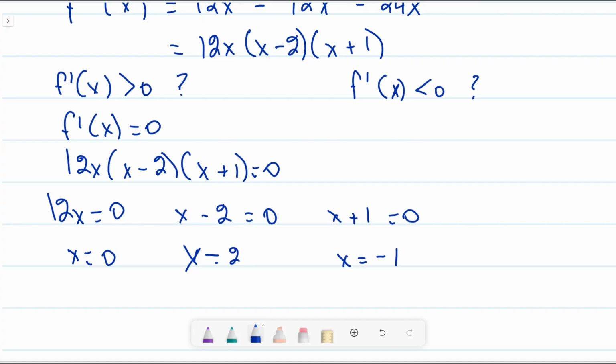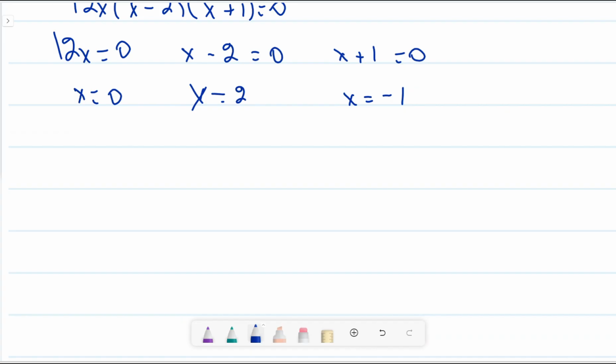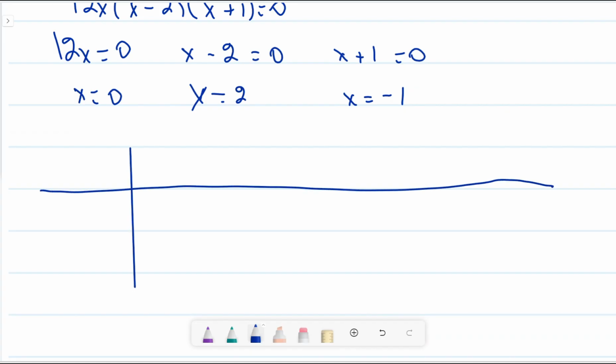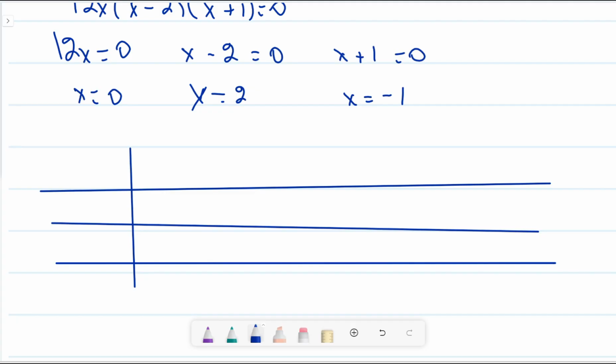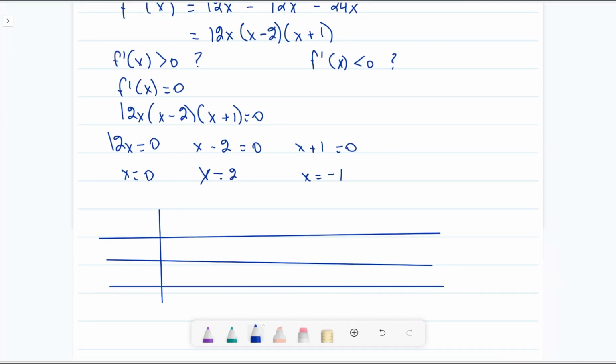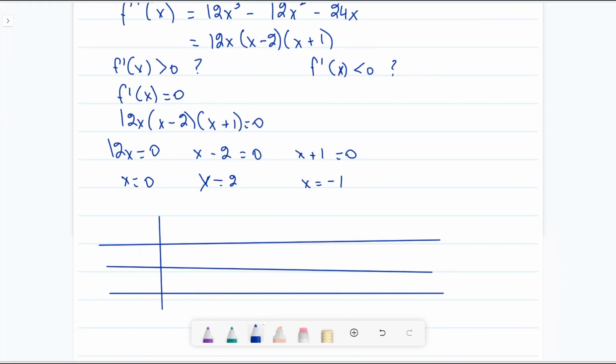Now, why did I do this? Because through this, I can now draw a table, a sign table. So in the sign table, I write down all the terms in the derivative, f prime of x. So I have 12x, I have x minus 2, I have x plus 1, and then the overall derivative.